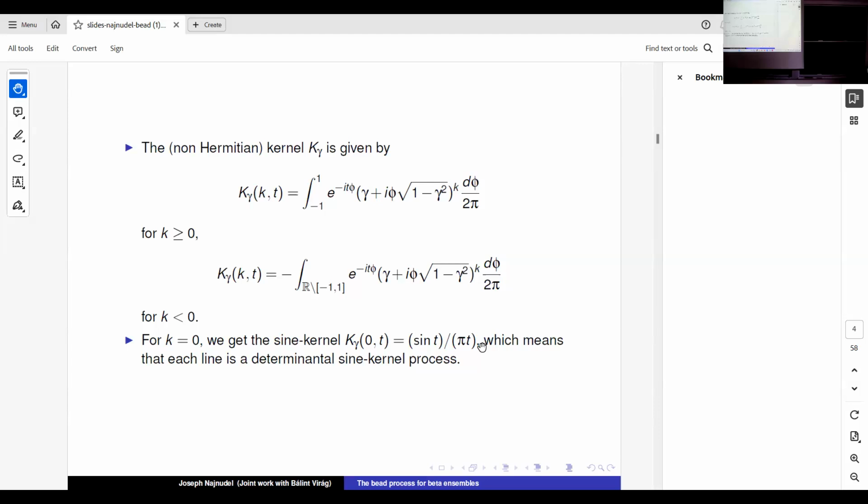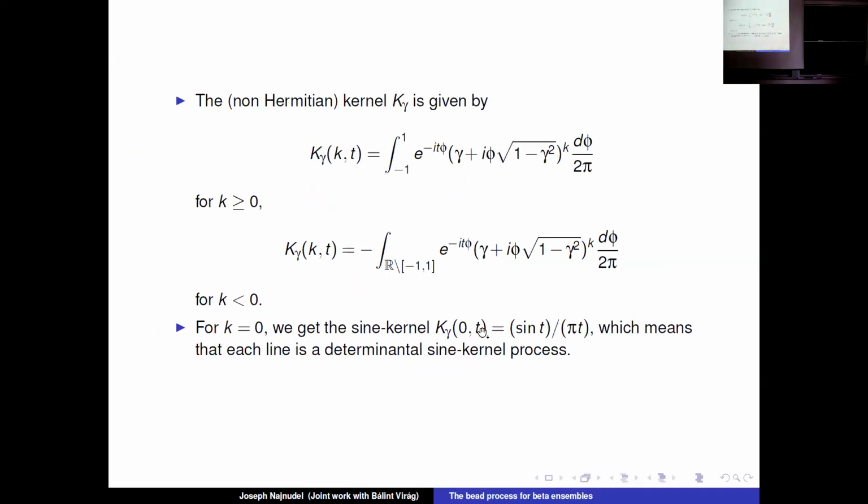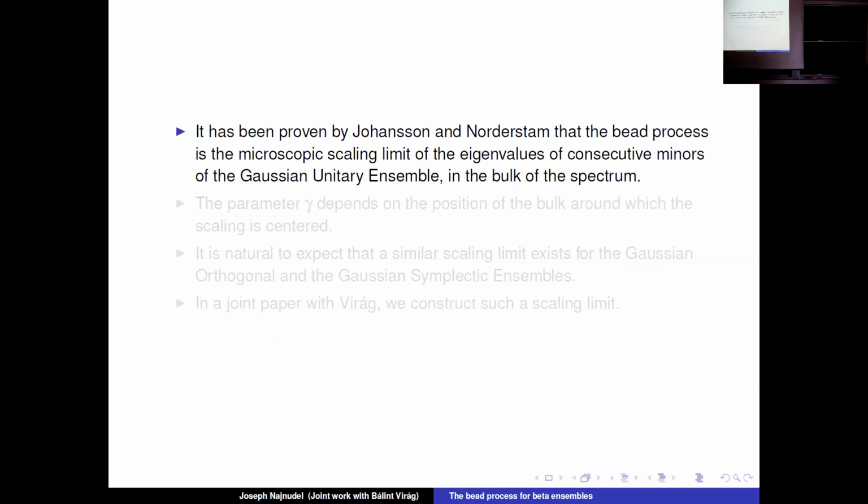The kernel restricted to a line is given by sin T over pi T. So each line is what is called a determinantal process.